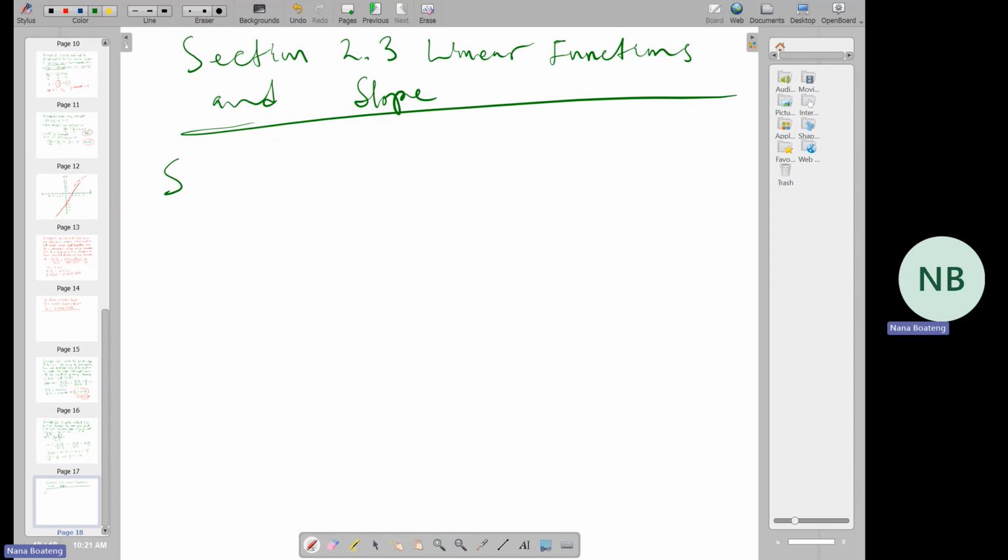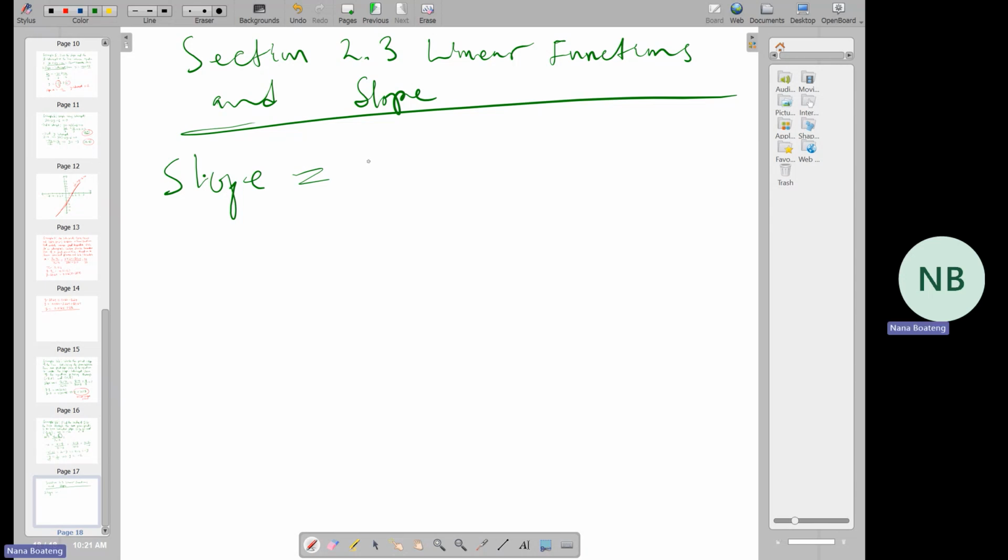The slope of a line that passes through the distinct points x1, y1 and x2, y2 is given by the change in y divided by the change in x.